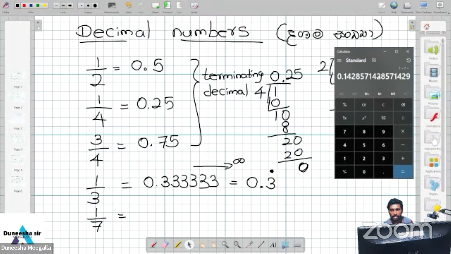Okay, what is the answer for 1 divided by 7? 0.14 28 5714. Can you see the screenshot of the calculator? Yes, sir. Okay, 0.142857 again.